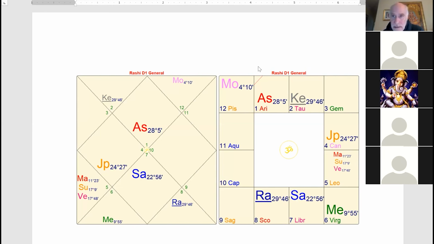There is in this case. And in what other ways does this combination in the 5th house get very favorably qualified? Benefic hemming. Very benefic hemming, right? You've got Jupiter in its exaltation sign on one side and Mercury in its exaltation sign on the other. So it's quite an interesting combination from that standpoint.